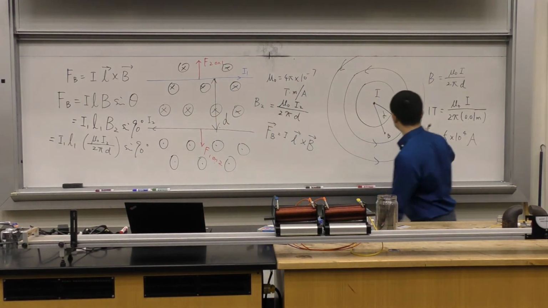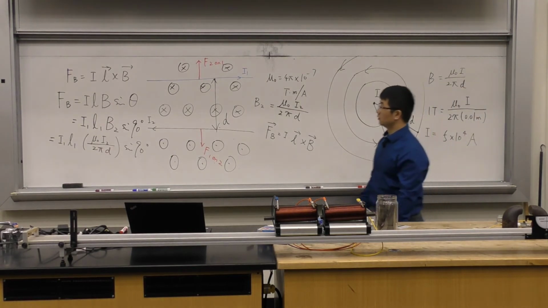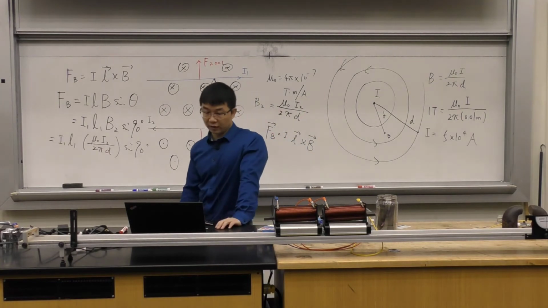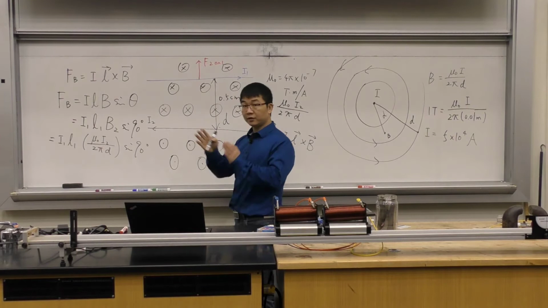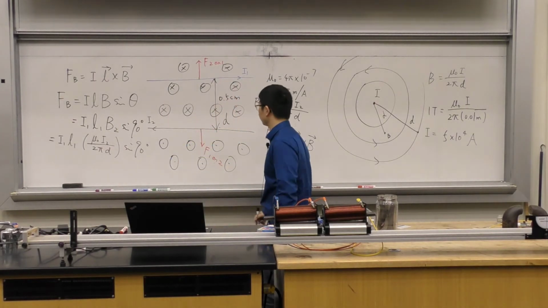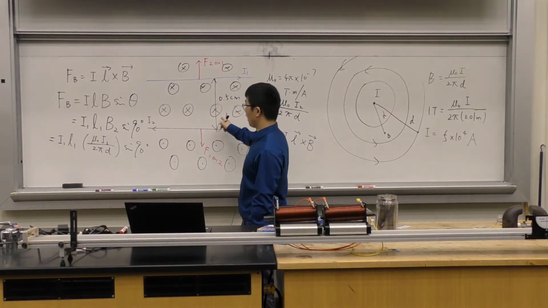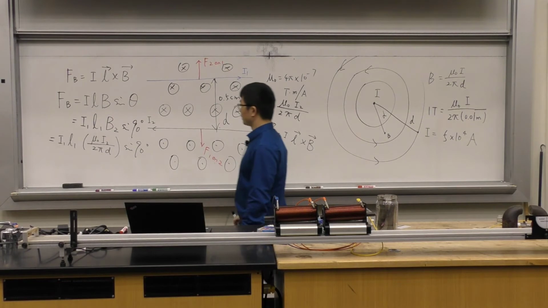That's the distance between these two wires, and that's 0.5 centimeters. So actually, they're very close, half a centimeter. So that's the D you use. And there you see that we have all the numbers we need. Now you can plug numbers in and find the answer.